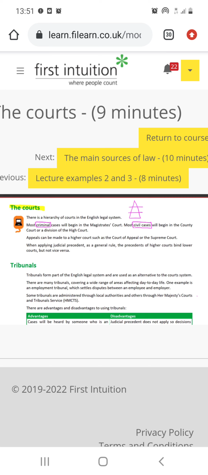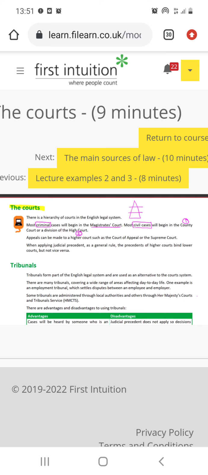And it says in the notes here that most criminal cases will begin in the magistrates' court. Now, you as accountants, I would imagine, are more likely to see civil cases, and these begin in the county court or a division of the High Court.